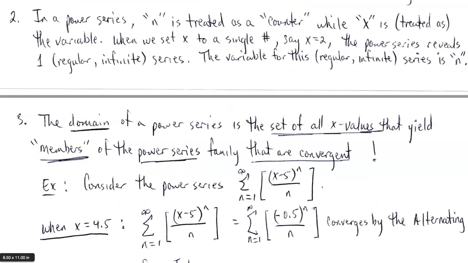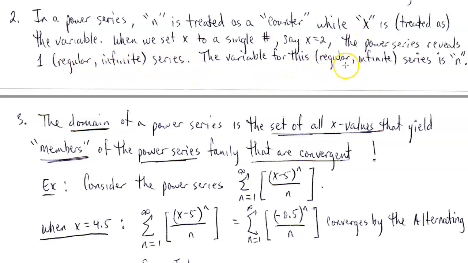All right, so the characteristic number 2 that we want to talk about is that in a power series, n is going to be treated as a counter, as we mentioned before, while x is treated as a variable. And when we set x to a single number, say x equals 2, like how we saw earlier, the power series reveals one regular infinite series, just like I mentioned before.